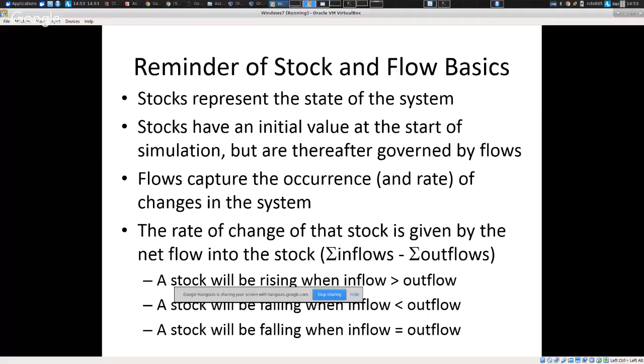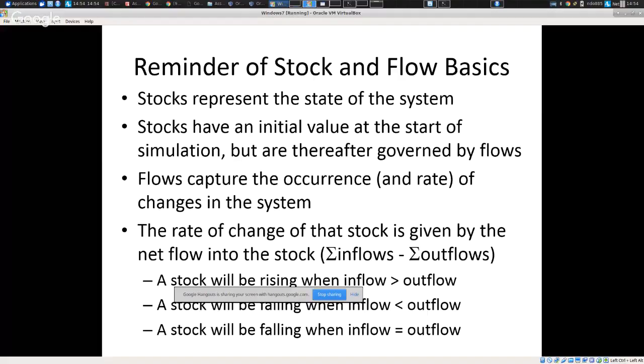Stock will be falling when the inflow is less than the outflow, right? If water's draining faster than it's coming in, it's draining at 10 liters per minute, it's coming in at 5 liters per minute, the bathtub will be going down, right? It's draining out faster than it's coming in.